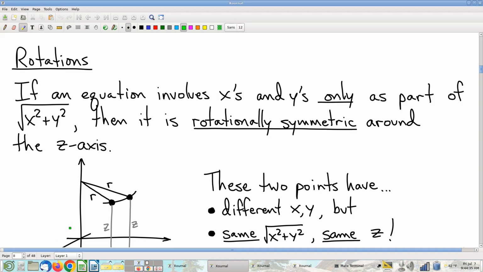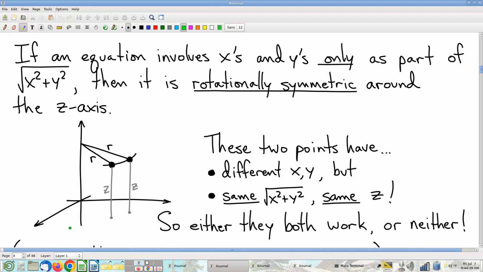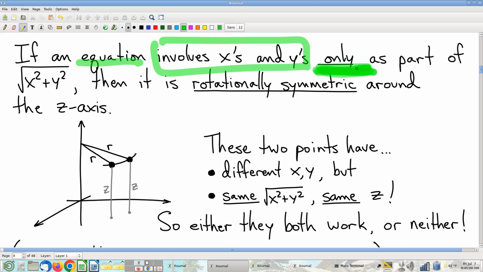Okay. All right. So, here's the big idea. Next tool for your toolbox. Sometimes, not always, not even necessarily all that often, but sometimes an equation that has x's and y's in it, those x's and y's will appear only as part of this expression, square root of x squared plus y squared.